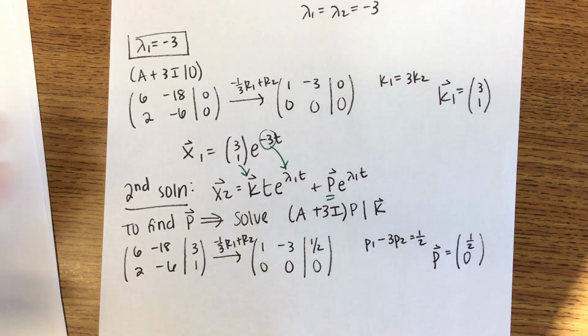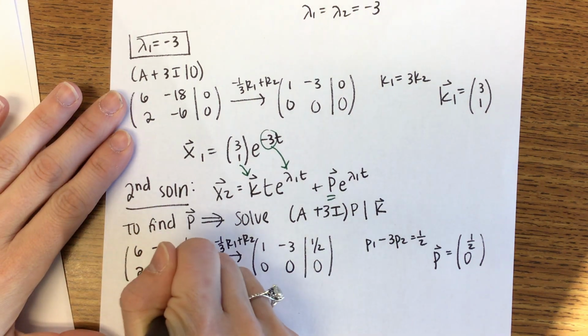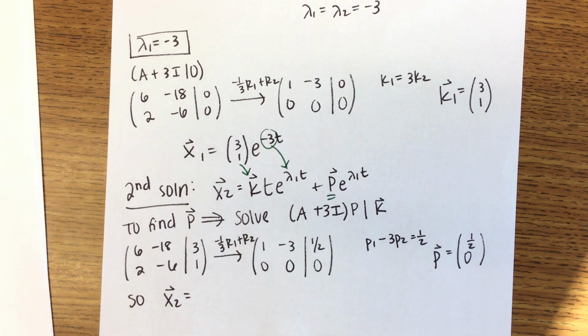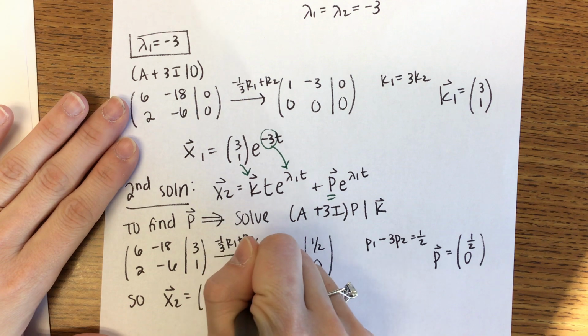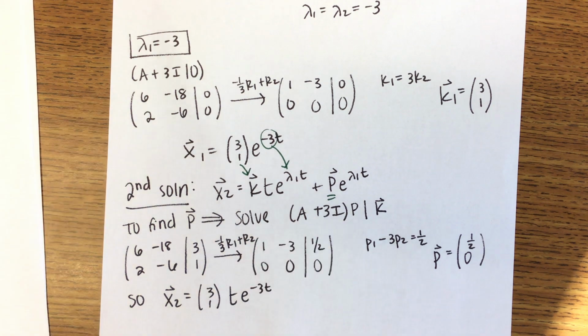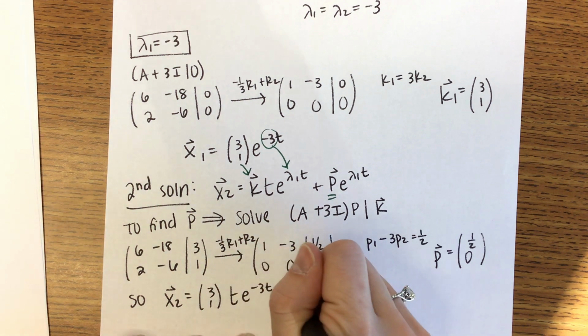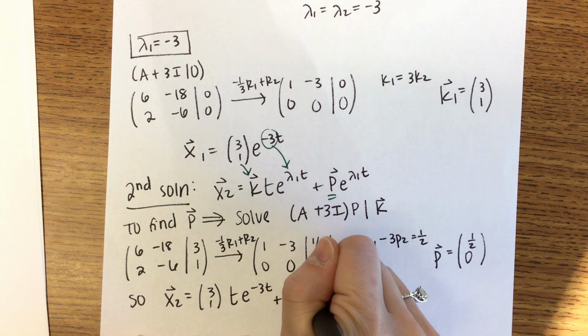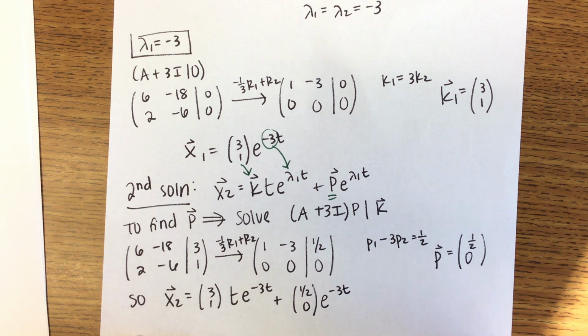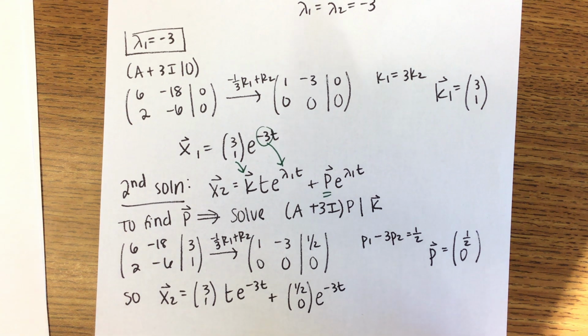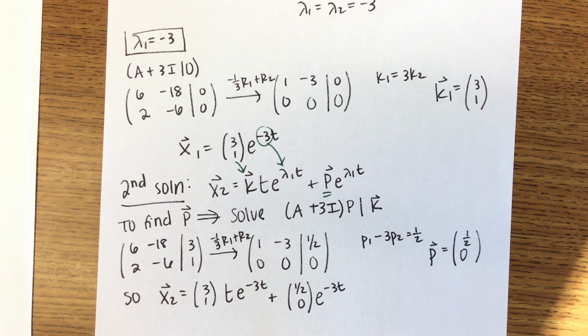Yeah? Okay, so what this tells us is that our second solution will be (3,1) t e to the negative 3t plus this P, which is (1/2, 0) e to the negative 3t. That is not the general solution, though. The general solution contains both of these solutions.